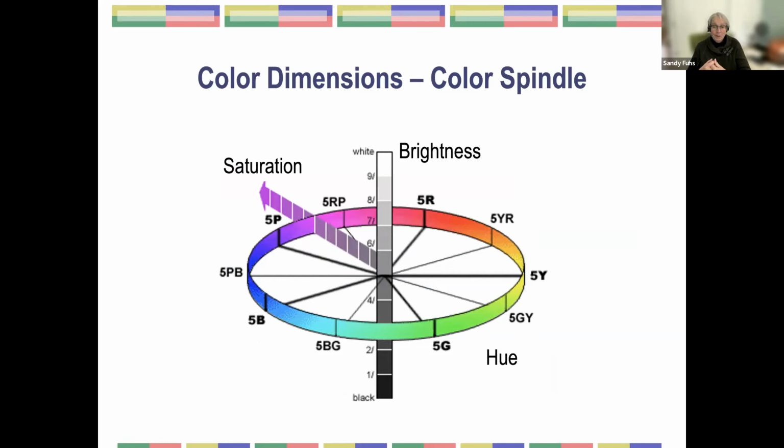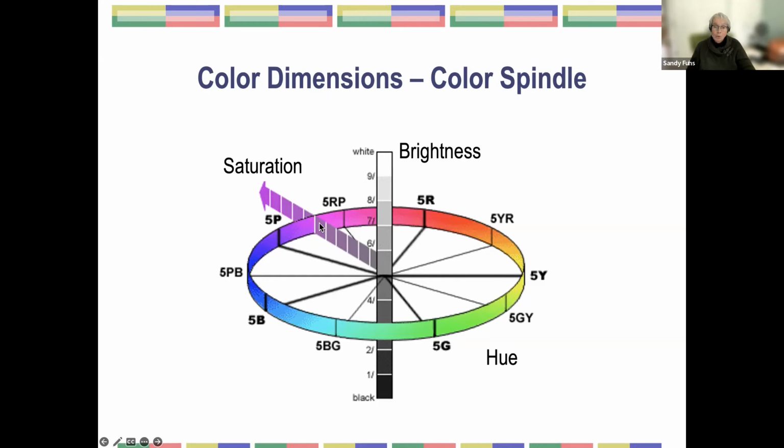Now, we need to think about color as a three-dimensional space. This is a little weird, but if we think of a stack of CDs or albums, and each one of them has a certain amount of black on it, then less black, all the way up to white. If we pulled one from the center, it would have this much gray on everything. And then starting in the middle, we start with a not very saturated color.